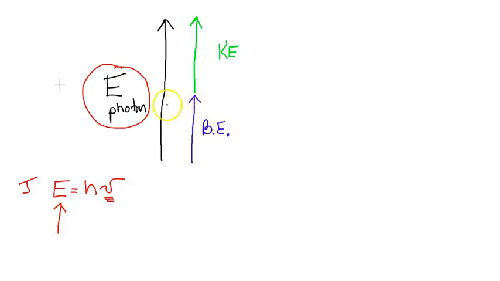Then you subtract out the binding energy, and you get the kinetic energy. These are all in joules as well. Or if you have the kinetic energy and the binding energy, you can add them together, and that gives you the energy of the photon. So it's really simple math.